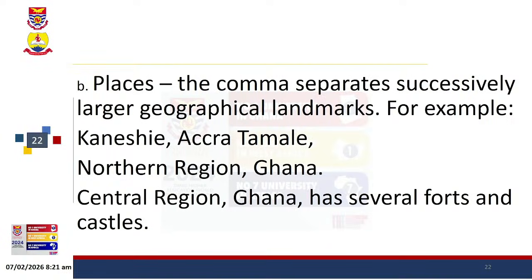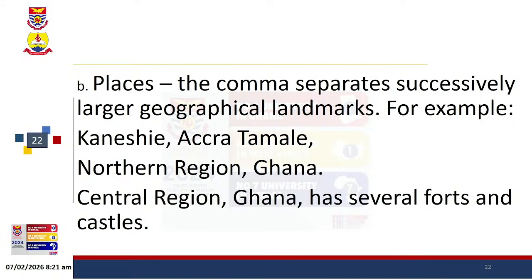Why? Because Tamale is in the Northern Region and the Northern Region is in Ghana, or is part of Ghana. Kaneshie is in Accra, so you separate Kaneshie from Accra by restoring a comma. Good. Now you can also say Central Region, Ghana.